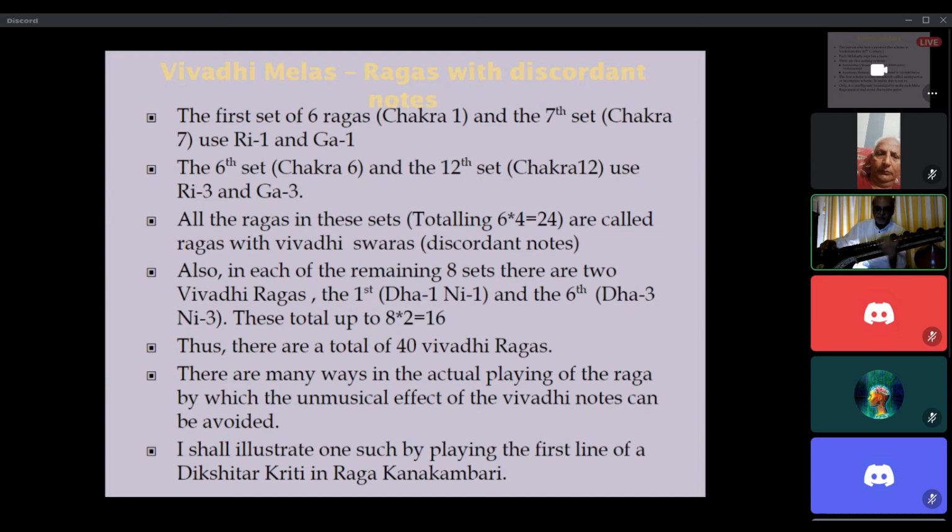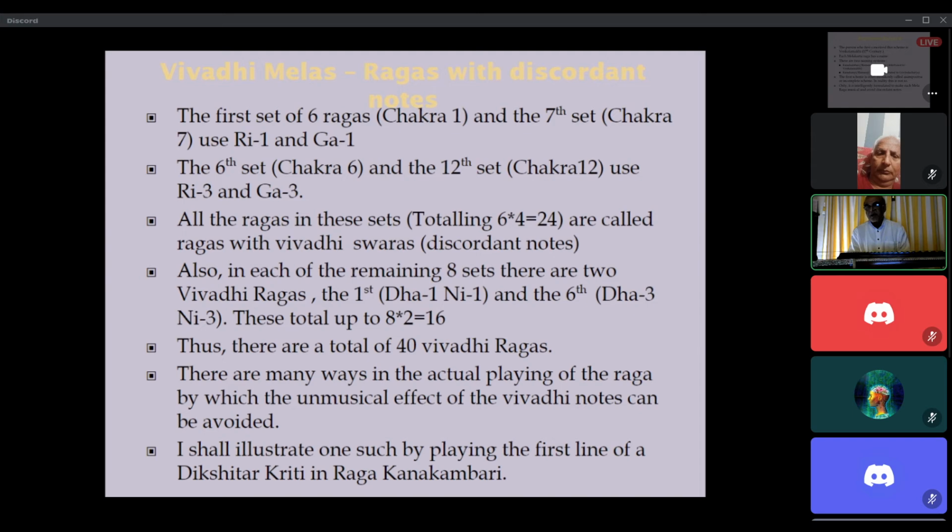And this would be there in every chakra. That means in the remaining 8 chakras, you will have 16 ragas which have got discordant notes. Thus, there are a total of 40 Vivadi ragas.